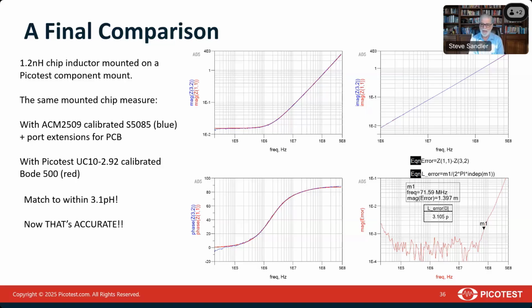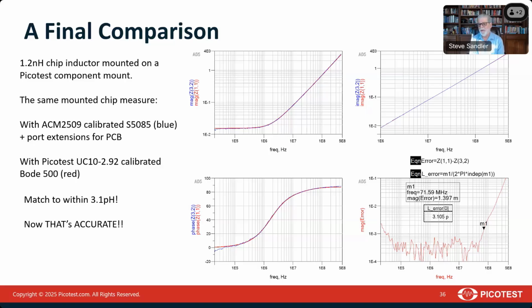And then we measured the same chip cap on the same board using the Bode 500, calibrated with our 2.92 millimeter calibrator. And here the two measurements are overlaid, and you can see the impedance magnitude in the upper left. We can see the imaginary part in the top right, and you can see the phase in the bottom left.